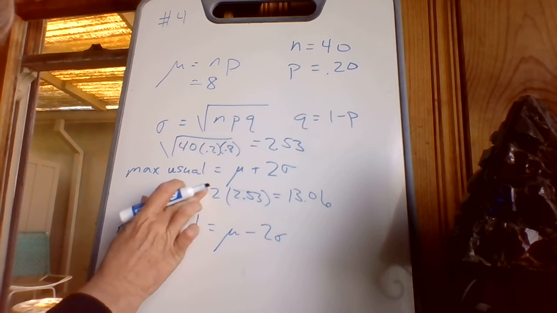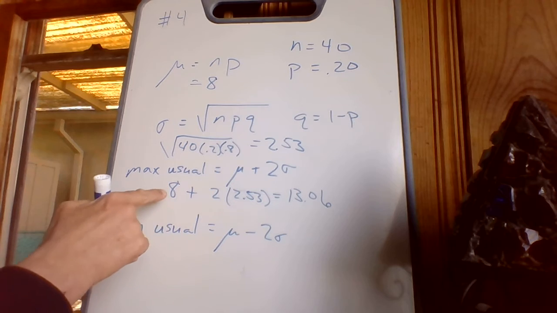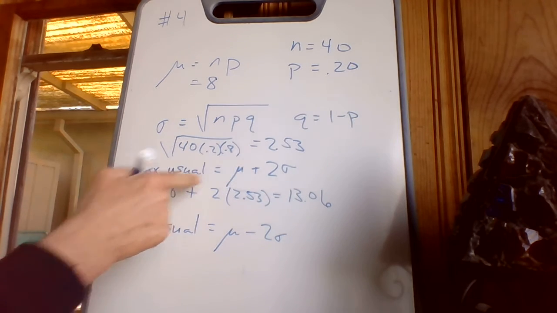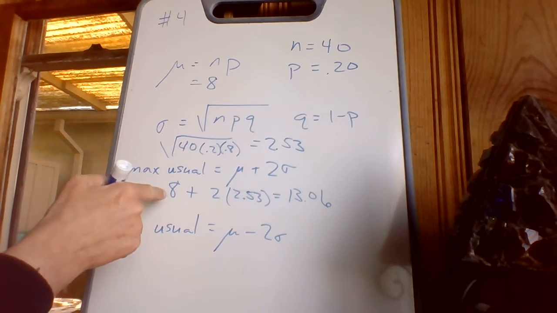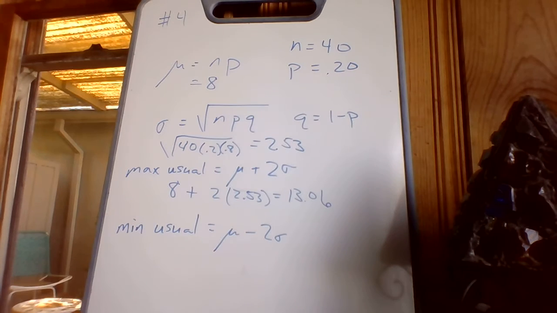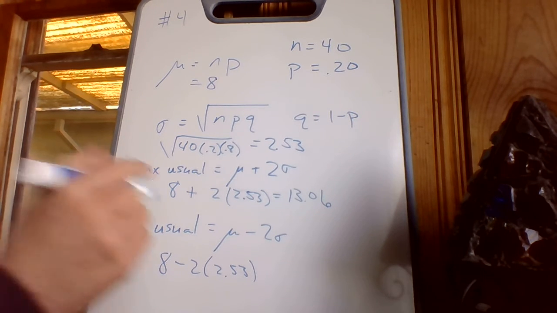I'm having a hard time reading my own writing here. Okay, you take 8 for that, plus 2 times that, okay, 8 plus 5.06, 13.06, and then 8 minus 2 times that, 8 minus 5.06 is 2.94.